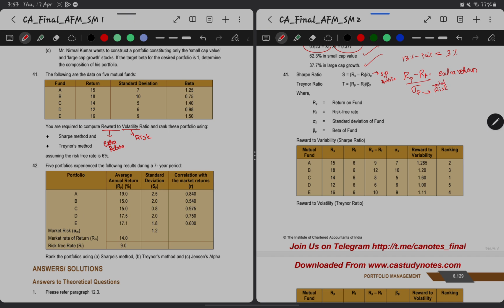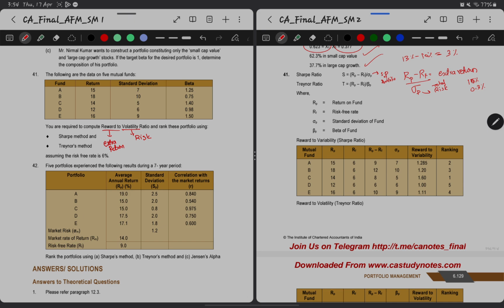Let's say in our case, if the risk percentage is around 5 or 10, then we are earning 0.3% extra return for every 1 rupee risk we are taking. That is the idea here.